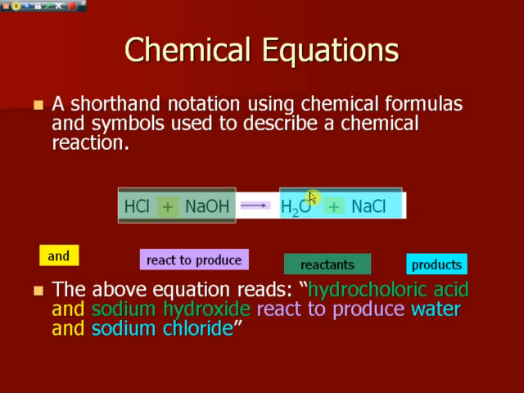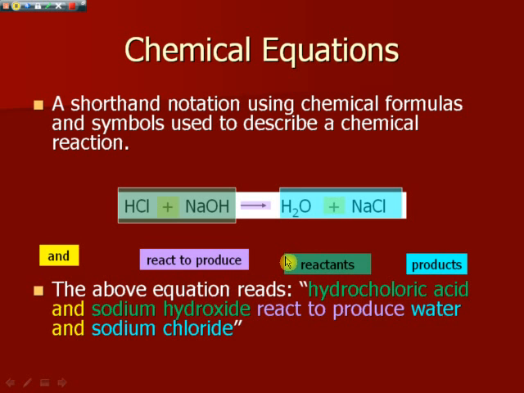You can see that we start off with the reactants, which are in green. The plus signs mean and, the arrow means react to produce, and then our water and sodium chloride are the products. So again, hydrochloric acid and sodium hydroxide react to produce water and sodium chloride.